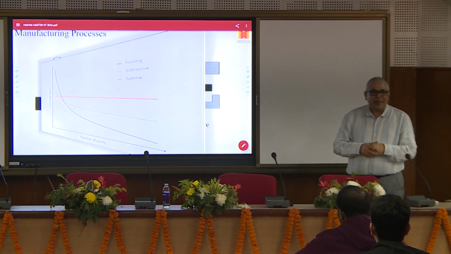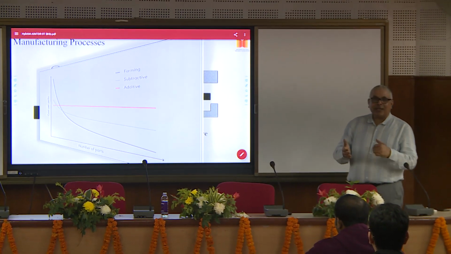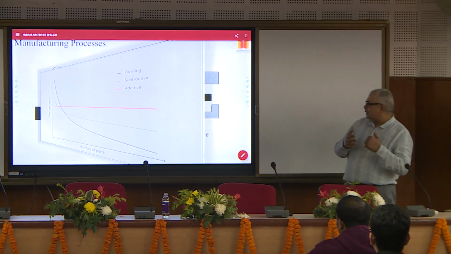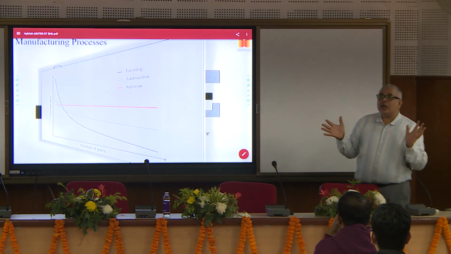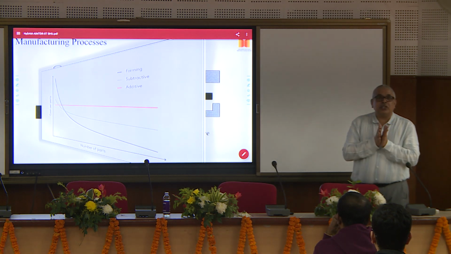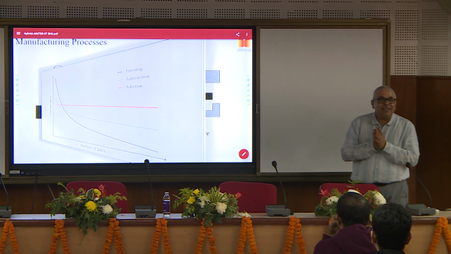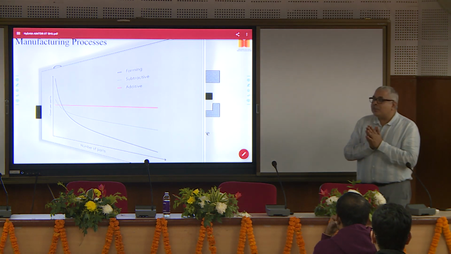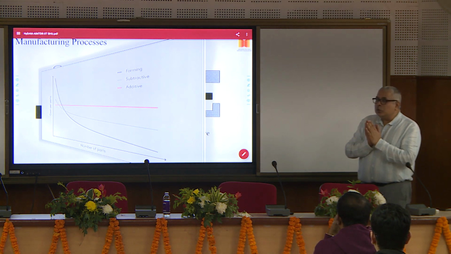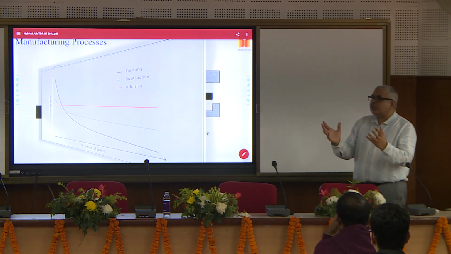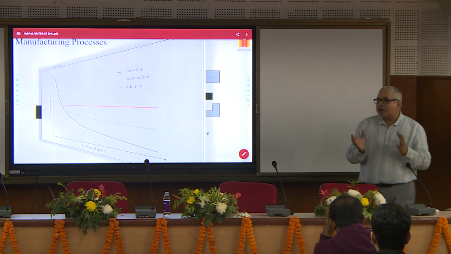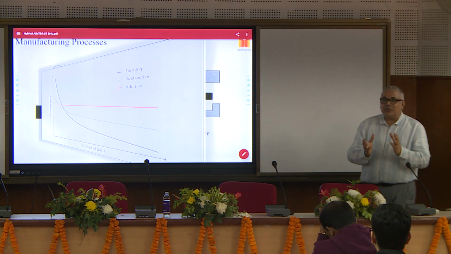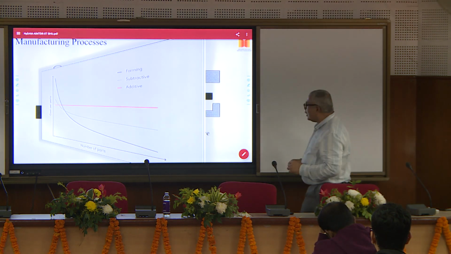Additive has its own advantages and disadvantages, all plugged into this slide. We have to use a judicious combination of these processes. We cannot say I am a casting guy or a forming guy unless we combine them properly and use the individual strength of each process, the way teamwork happens. Otherwise, there is no point. That is the meaning of all this work I wanted to communicate.